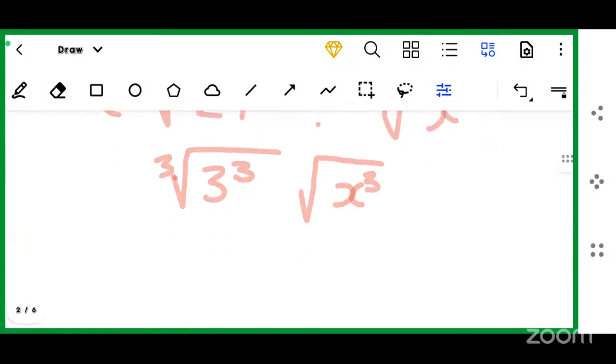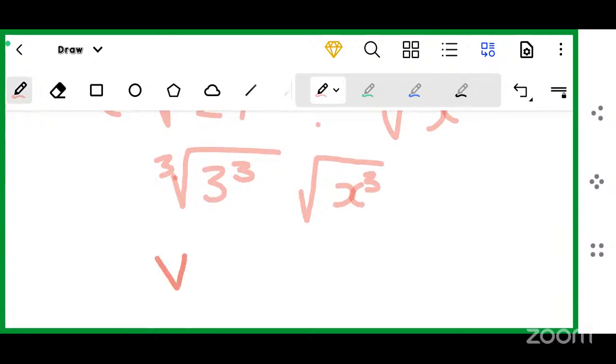Cube root. Memon, x to the power 3 is cube root. Oh, okay, sorry for that. So let me remove this cube. Yes. Then you say cube root 3 to the power 3.